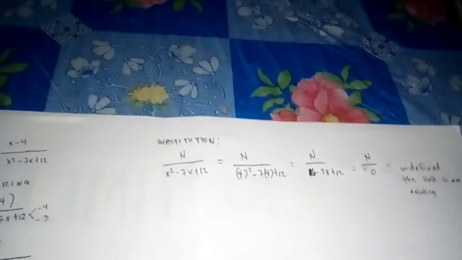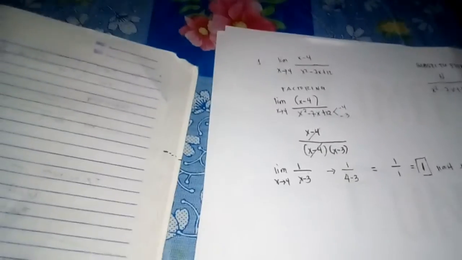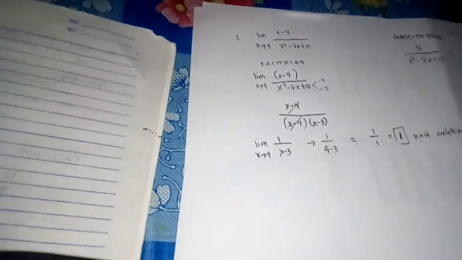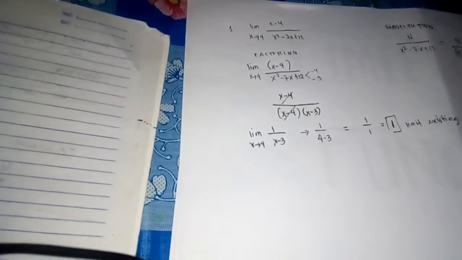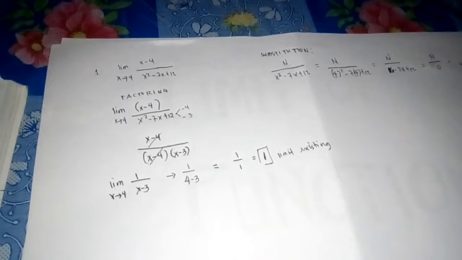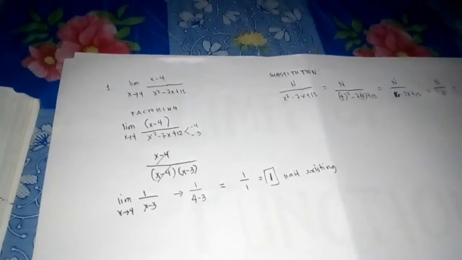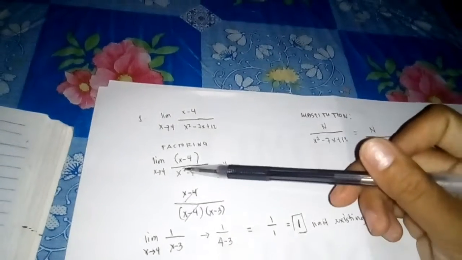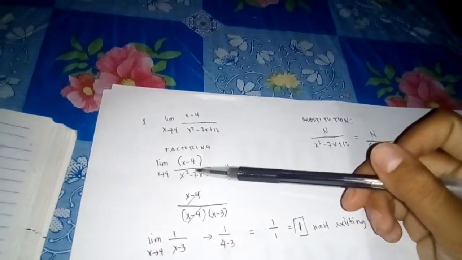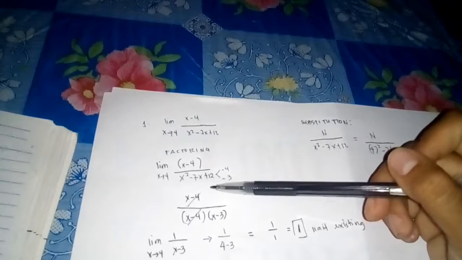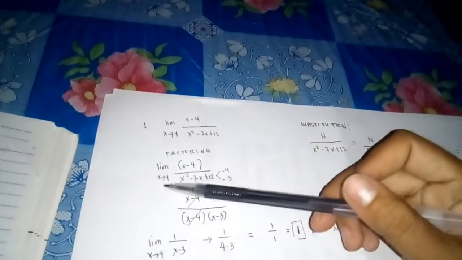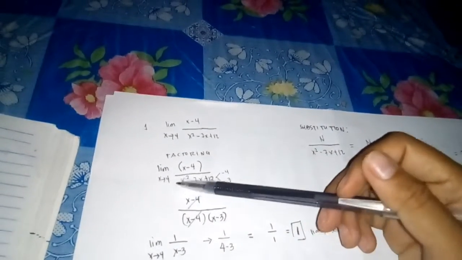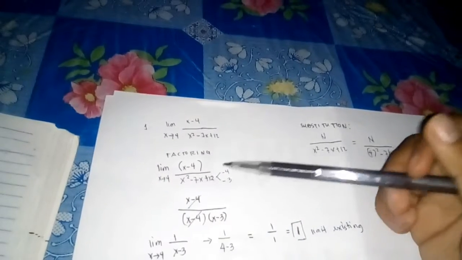So if the limit does not exist, in other words, we need to find another way to make the function exist. So here we have to factor it first: limit of x minus 4 over x squared minus 7x plus 12 as x approaches 4.